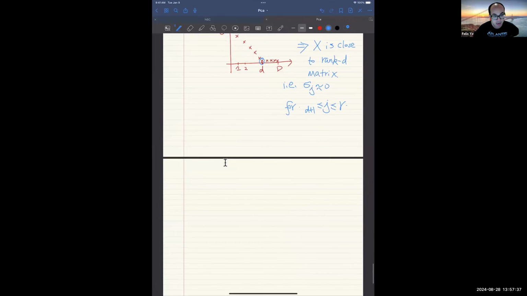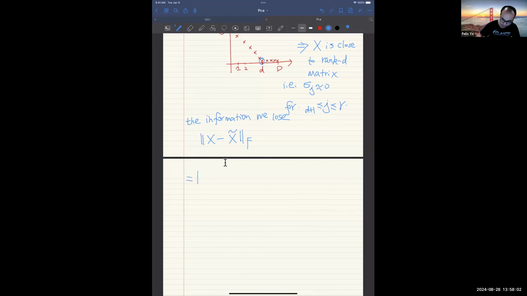If we have that, then we can quantify the information that we lost by taking this x minus x2 in terms of Frobenius norm.